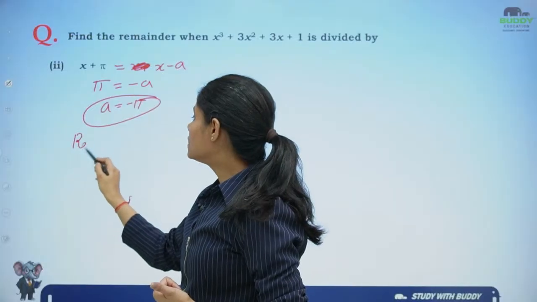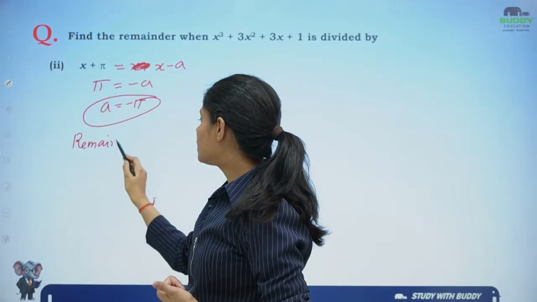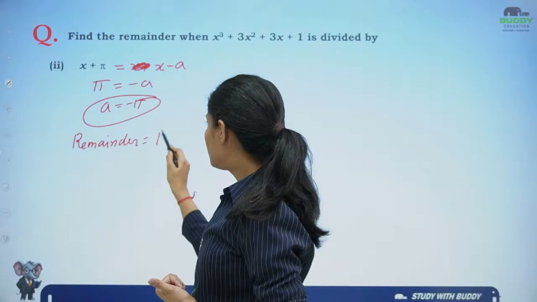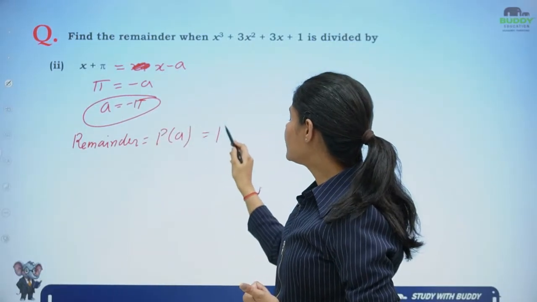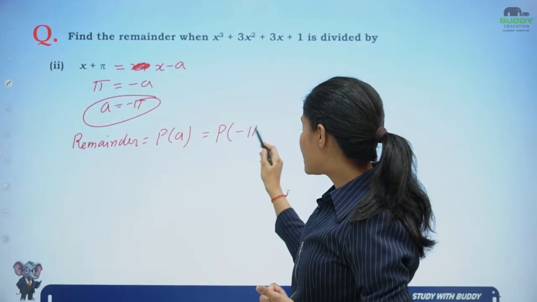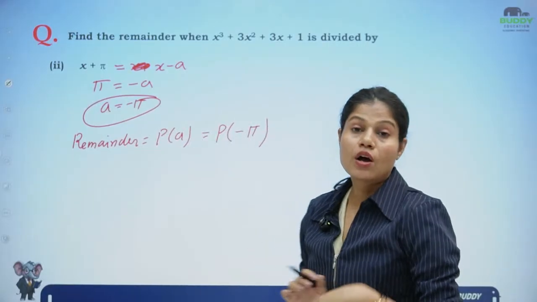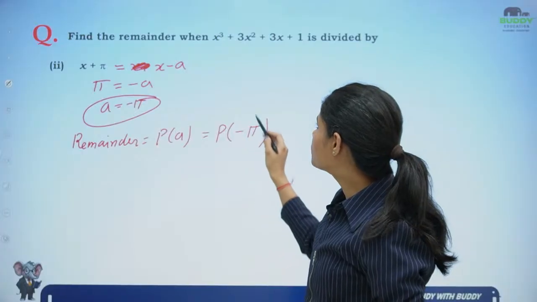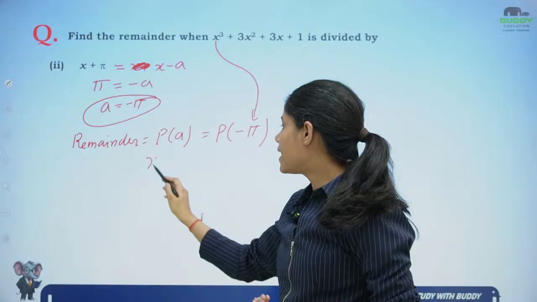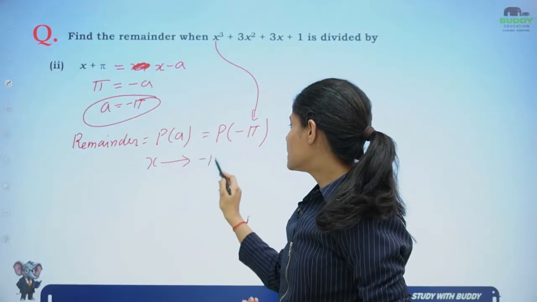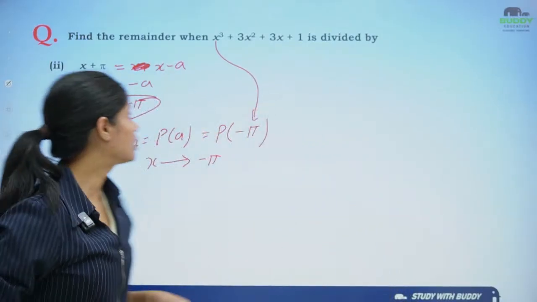We know in this scenario the remainder is nothing but p of a, right? It means we want to find the value of this polynomial at minus pi. If you want to solve this, in place of x you will just replace x with minus pi. Now, let's do it, okay?